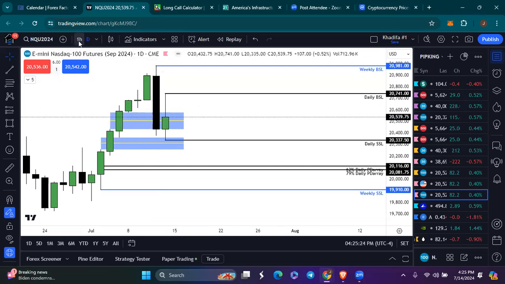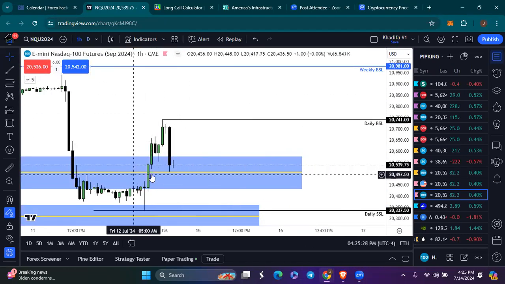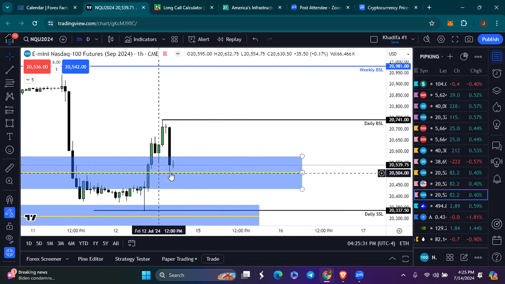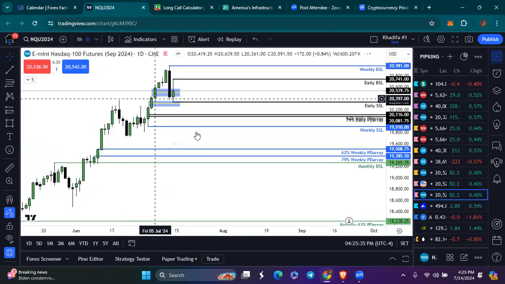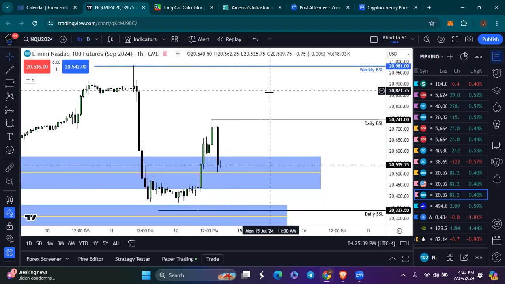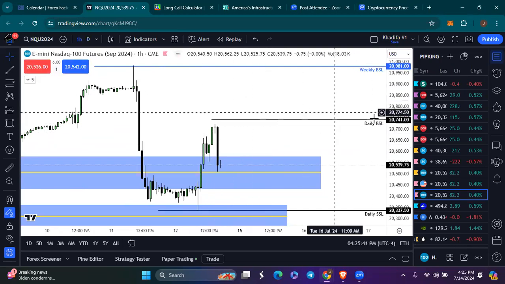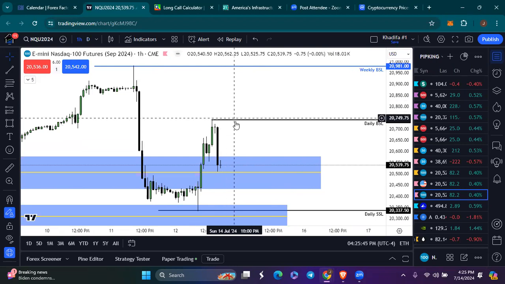So I'm looking to see, going down to the daily, if we open up, how we respect this consequent encroachment. And if we push higher to run Friday's daily buy side liquidity, how aggressively we push above it.